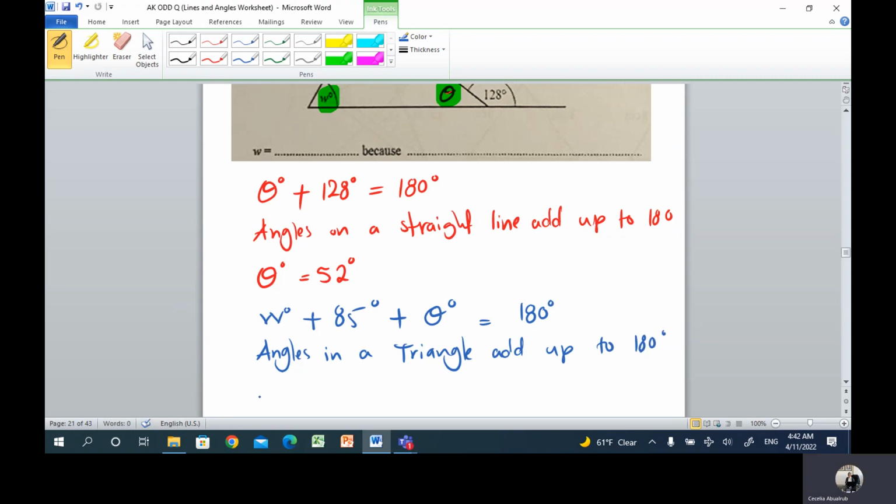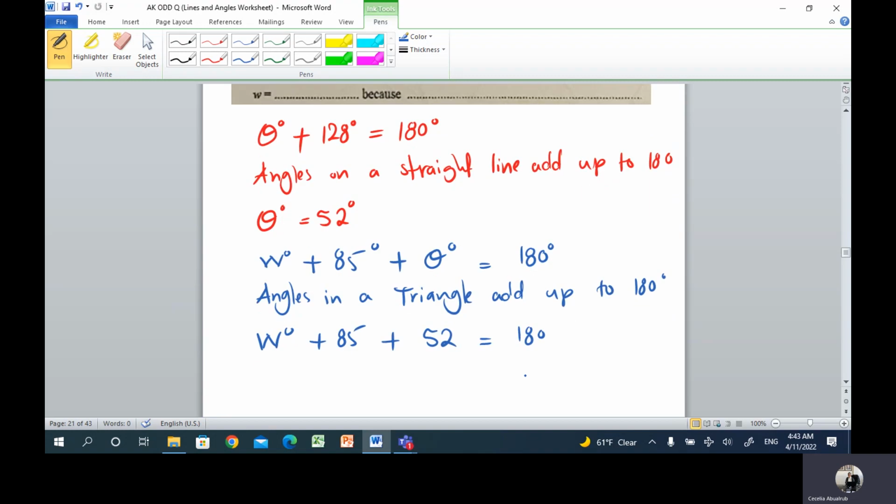Okay, so W is my unknown plus 85 plus theta, which is going to be replaced by 52, is equal to 180. If you simplify the left side, 85 plus 52, the answer is 137 is equal to 180.